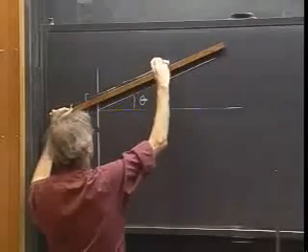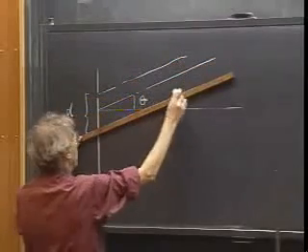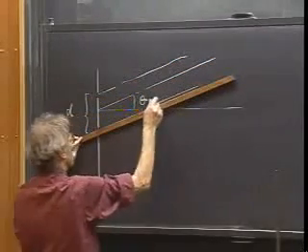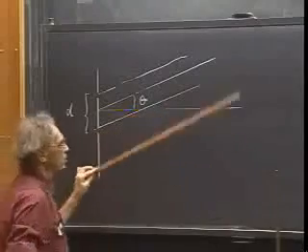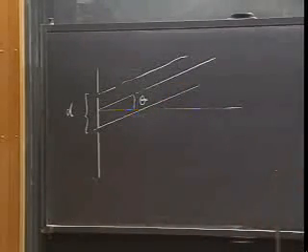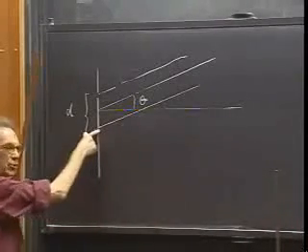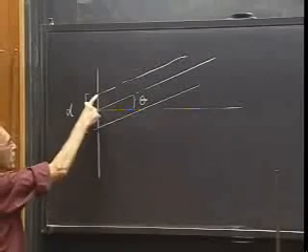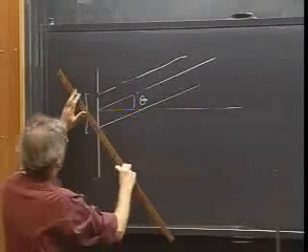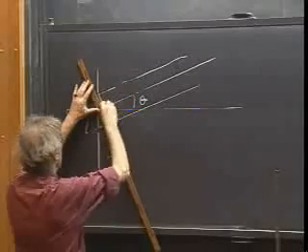And since that point is very far away, these lines here are, of course, very close to parallel to each other. The wave that comes from this one has to travel over a larger distance than the wave that comes from this one. And that difference can easily be expressed algebraically.